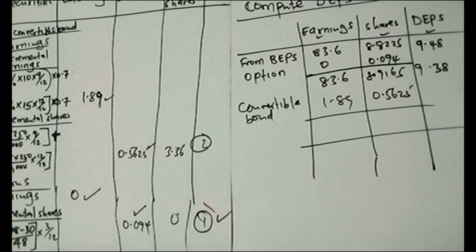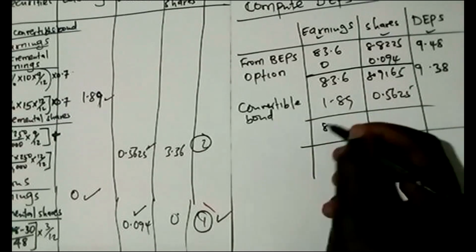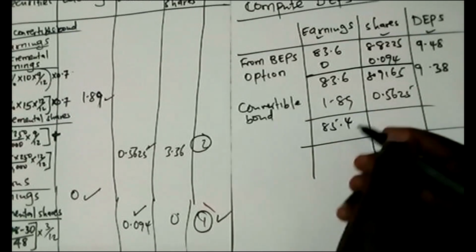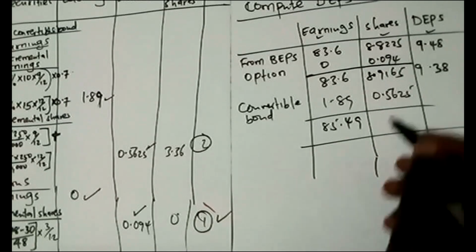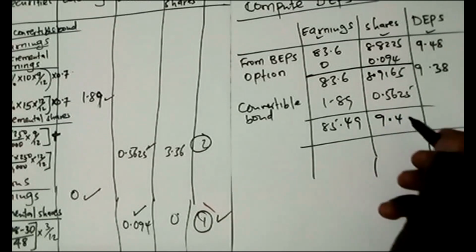So 83.6 plus 1.89 is 85.49, and 8.9165 plus 0.5625 is 9.479.